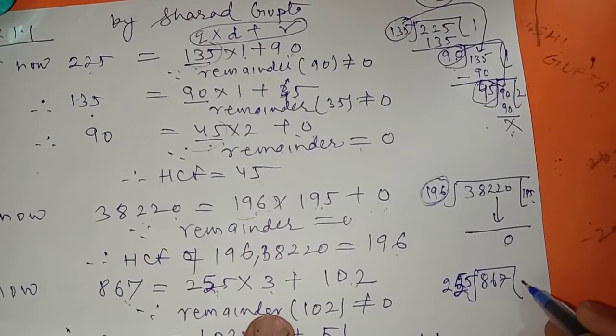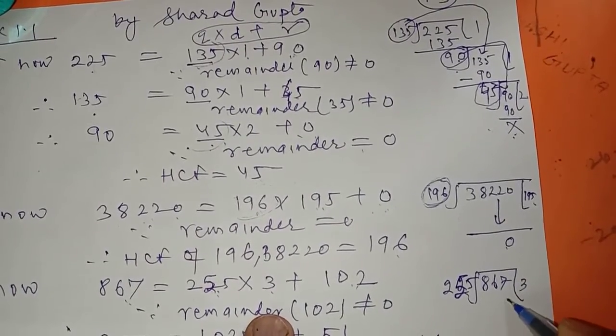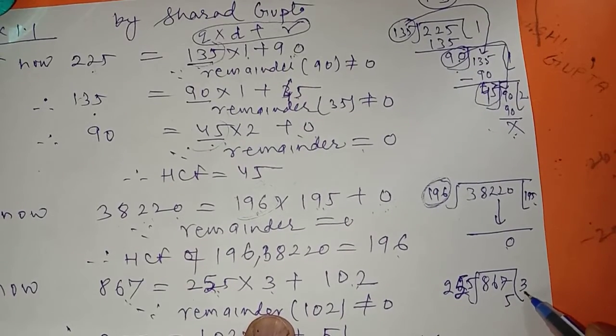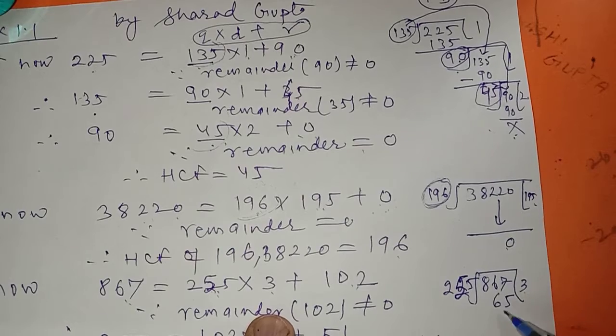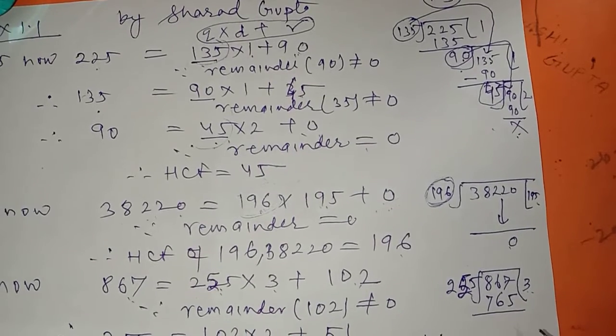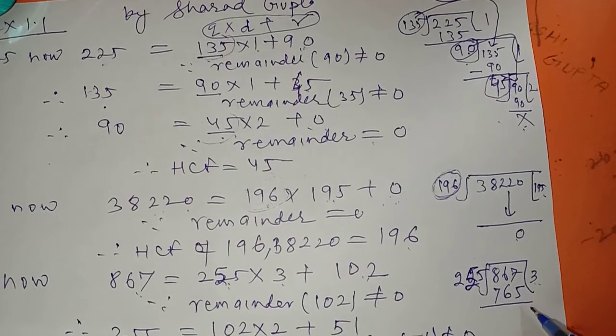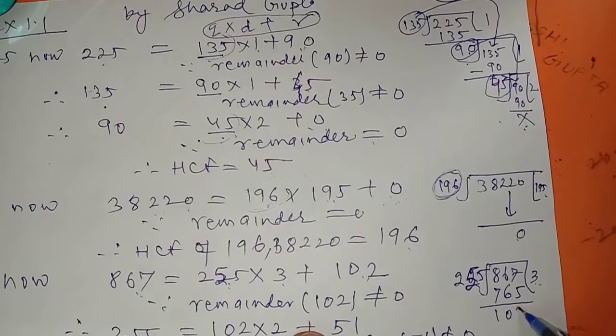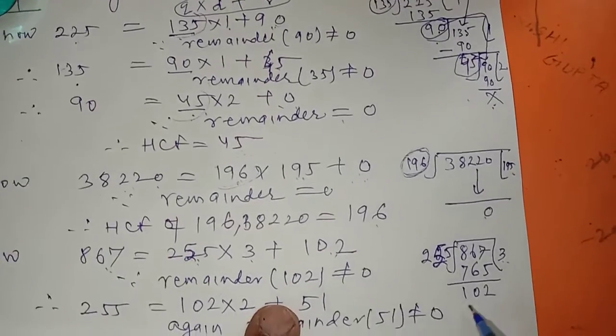So it is 3. So 765, and 867 minus 765, I am getting the remainder as 102.